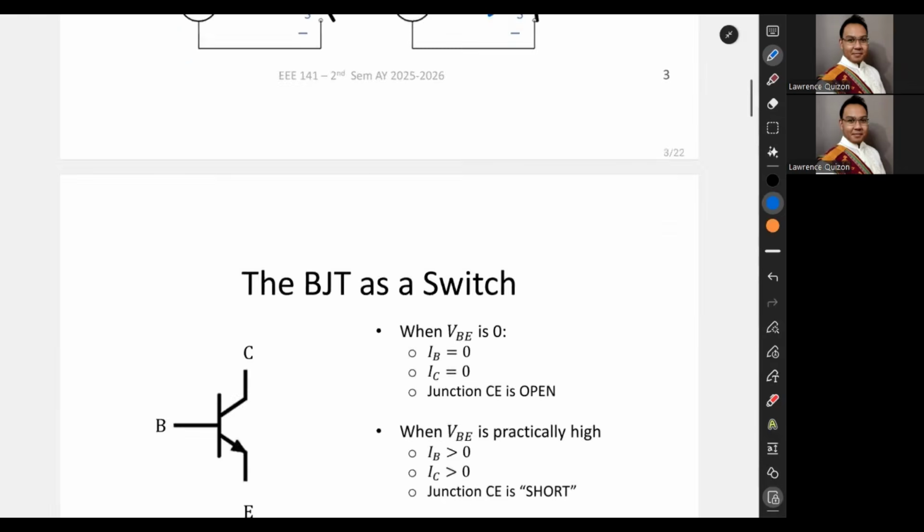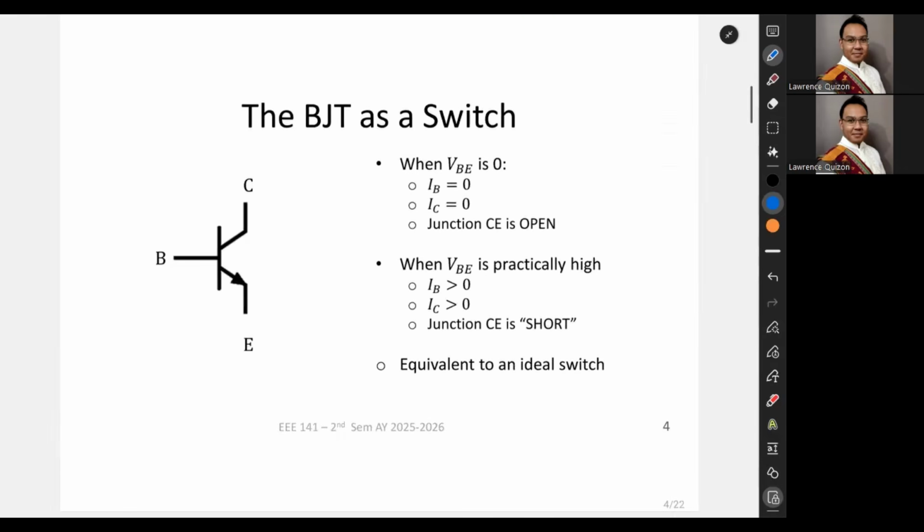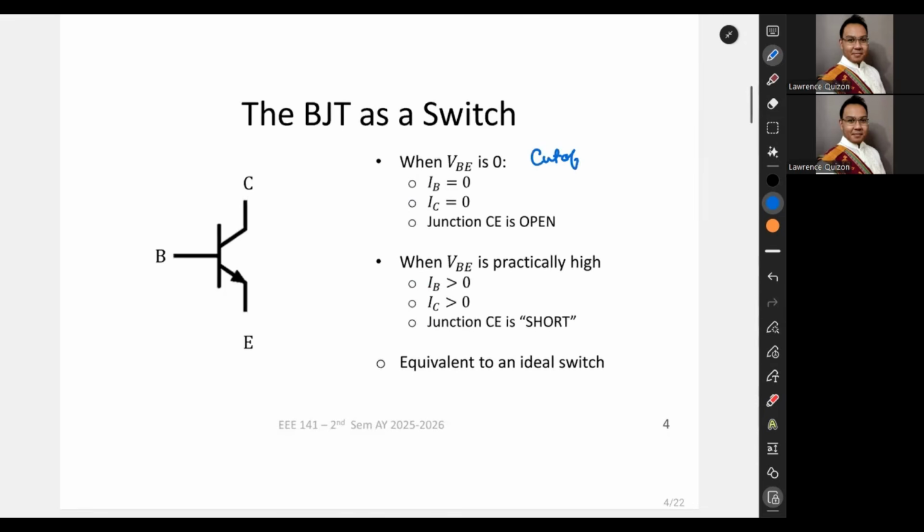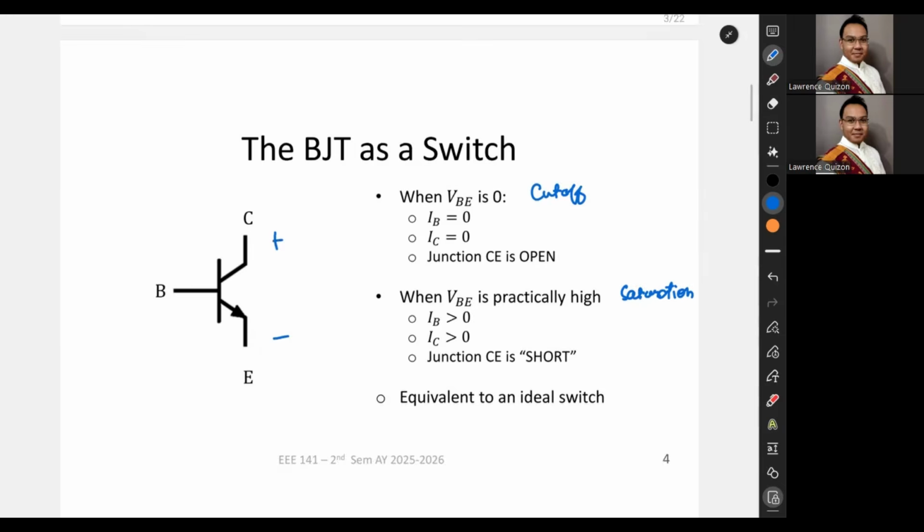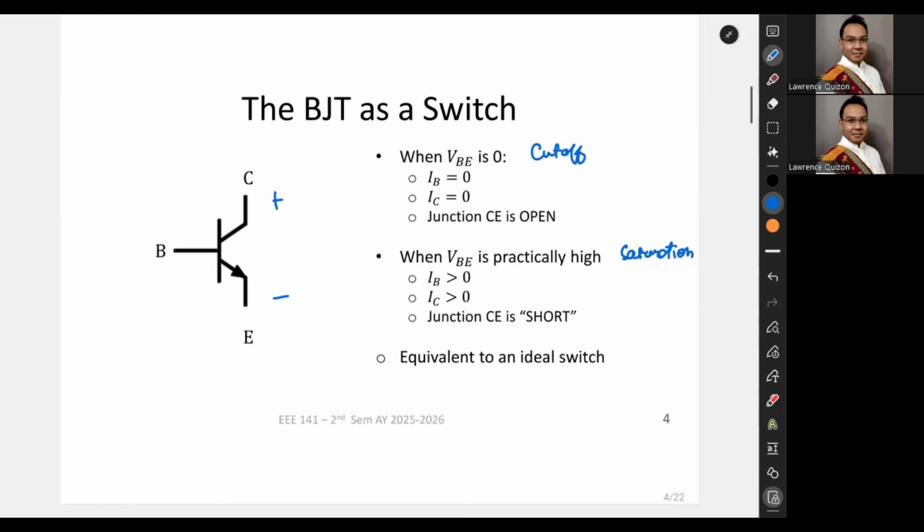Okay? Now, when we use the BJT as a switch, we force it to be either in cutoff or saturation. So this one is cutoff, this is saturation. When VBE is zero, IB and IC are both guaranteed to be practically zero, and we can essentially treat the CE junction as an open switch. That is, no current can pass through it, which is the same definition.